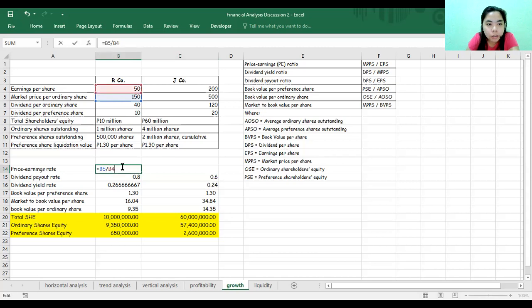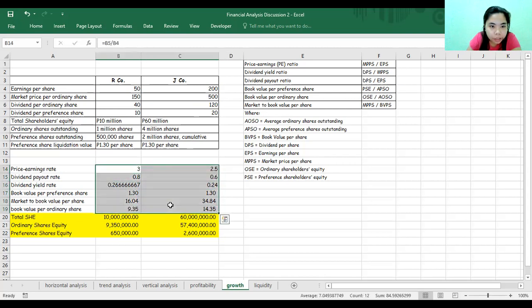Okay. It's price earnings, it's market price divided by the earnings. It's 2.5. So that's it. When it comes to growth, we can see which company is growing more. Looking at the price earnings ratio, our R company is growing more than the J company.